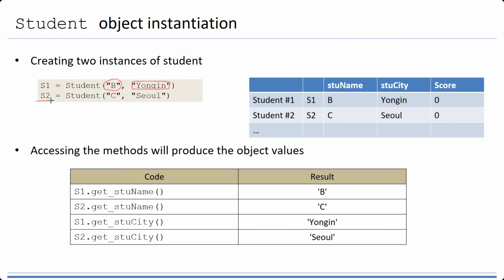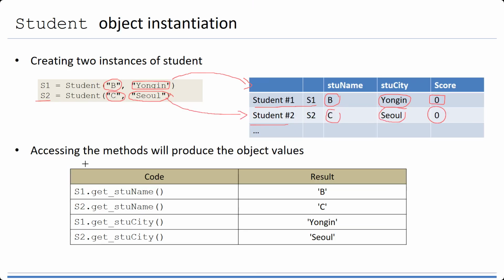S2, I have also 2 arguments: student name, student city. Then you can see if it is in the table format, the student one, the student name is P, the student city is Yongin, and the score start from 0. Student 2, the student name is C, and the student city is Seoul, and the score is 0. So this represents this one.